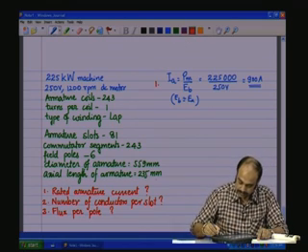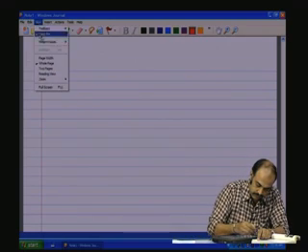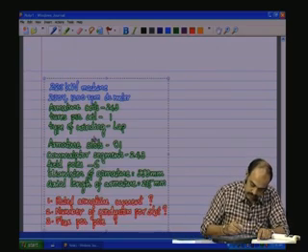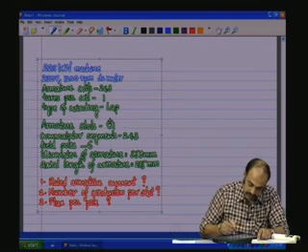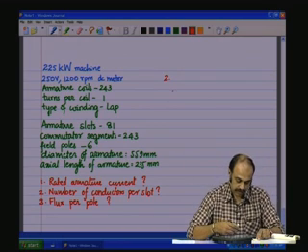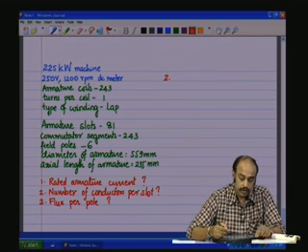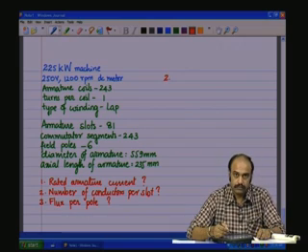Now, let us take the second portion of the problem. So, we have it here so that we can refer back to these values. Now, each coil is made up of two conductors. As we saw, each coil has two conductors.